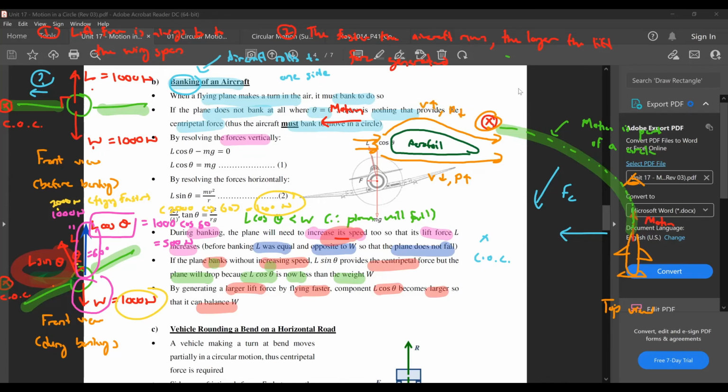So there is a difference in pressure, causing a net upward force, something like the upthrust that you learned last time. When you learn upthrust, you remember there's a difference in pressure between the top and bottom surface, which causes a resultant upward force, which we know as upthrust.